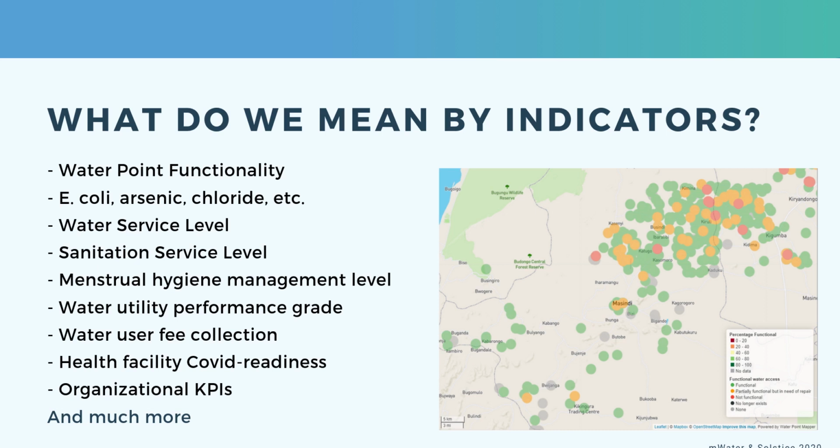Well, here's a whole wide variety of things that are indicators in mWater and Solstice. Water point functionality, water quality indicators such as E. coli, arsenic, chloride, fluorine, and so on. Water service levels, sanitation service levels, menstrual hygiene management levels, water utility performance grades, water user fee collection, or COVID readiness in health facilities around the world.